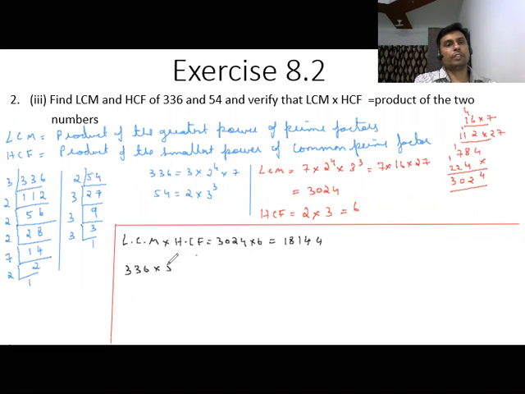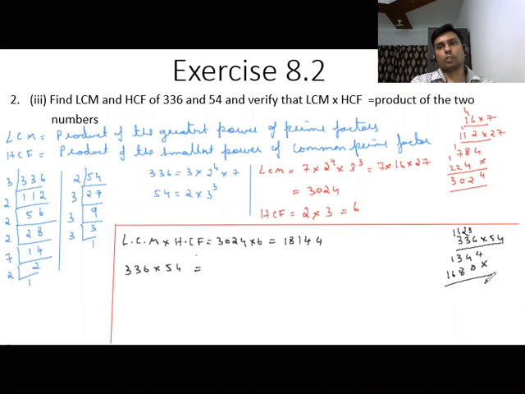336 into 54 now. Check this now. 336 into 54. 4 sixes are 24. Carry over 2. 4 threes are 12. 12 plus 2, 14. Carry over 1. 4 threes are 12, 12 plus 1, 13. Then 5 sixes are 30, carry over 3. 5 threes are 15, 15 plus 3, 18, carry over 1. 5 threes are 15, 15 plus 1, 16.